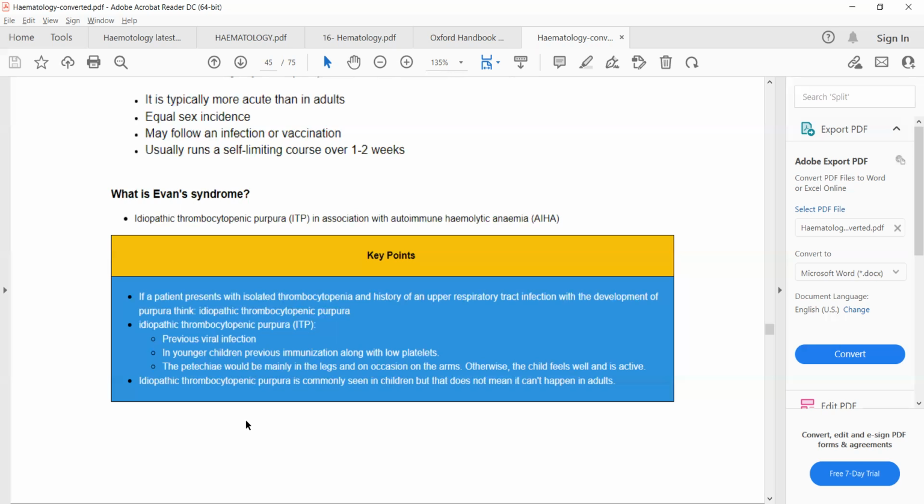So key points in this topic include: if a patient presents with isolated thrombocytopenia and a history of upper respiratory tract infection, this word is important, isolated thrombocytopenia. Isolated thrombocytopenia, you will always suspect ITP.